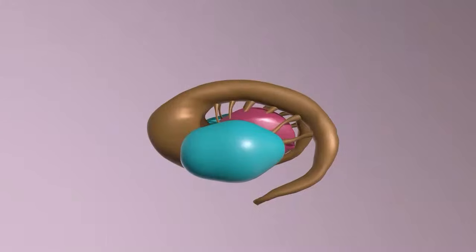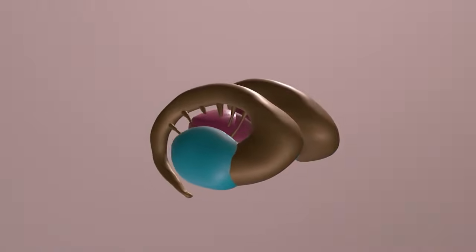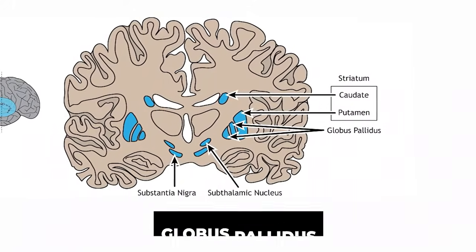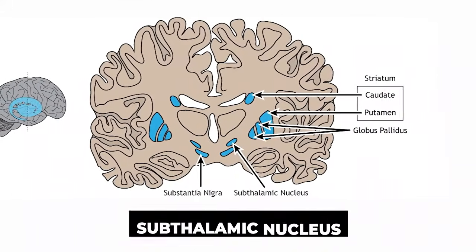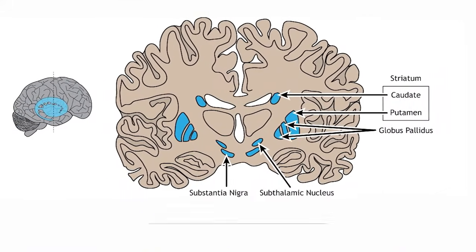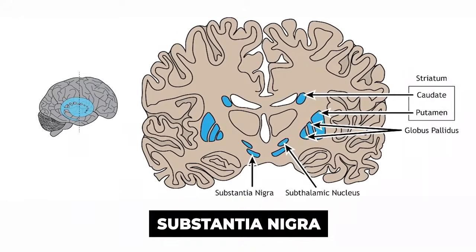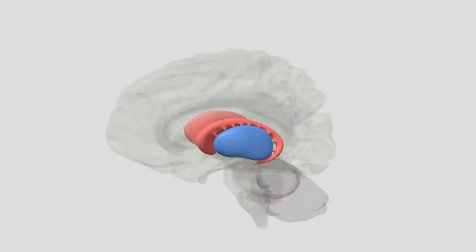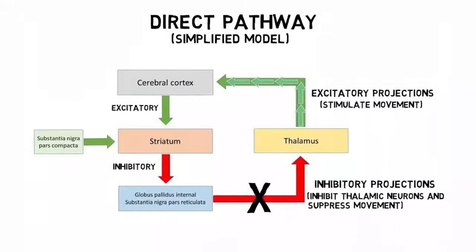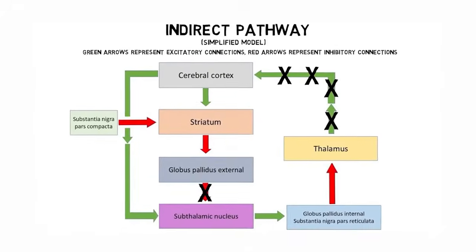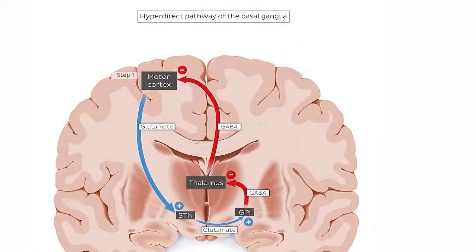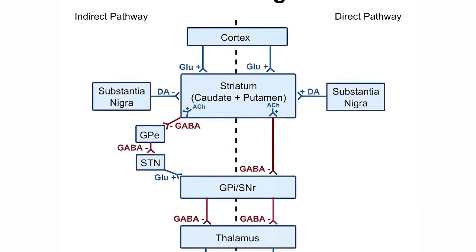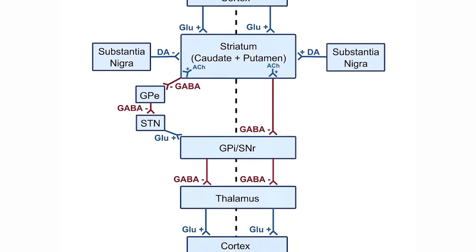The basal ganglia are composed of several interconnected nuclei, which includes striatum, globus pallidus, subthalamic nucleus, and substantia nigra. The basal ganglia have several pathways that process and relay information: direct pathway, indirect pathway, hyperdirect pathway. Proper balance between these pathways is crucial for smooth motor control.